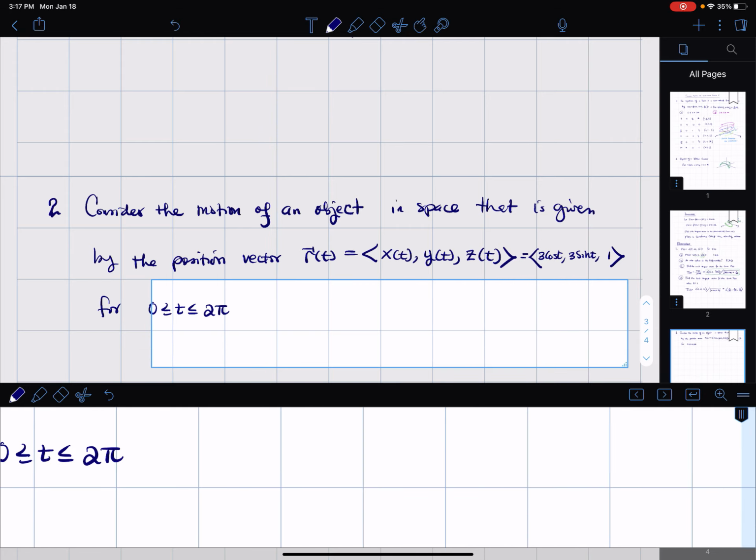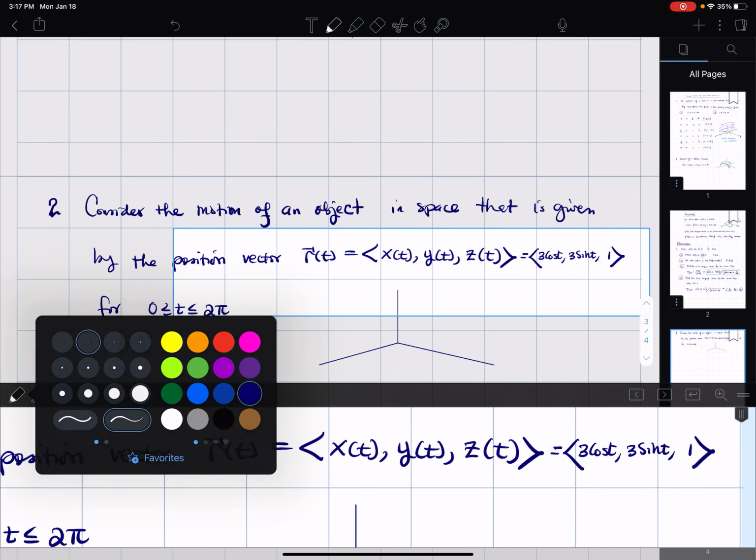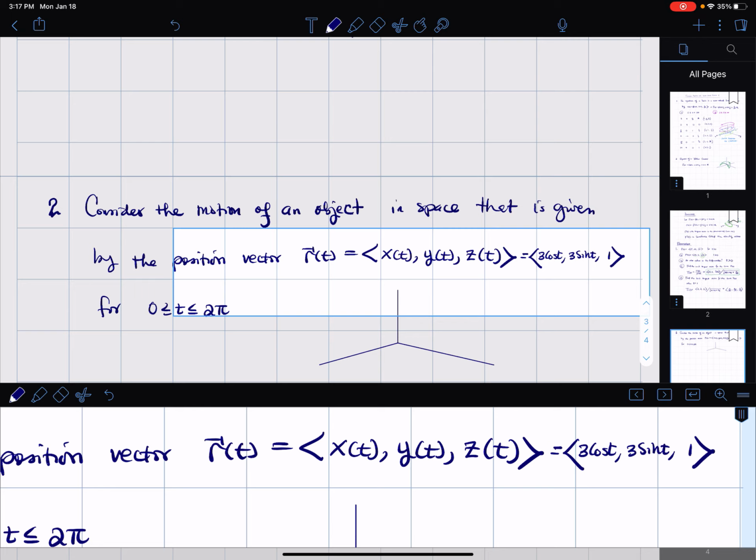So I'm going to describe this a little bit. This is our z-axis, x-axis, and y-axis. Let's assume that we don't have z, and we just have x is 3 cosine t and y is 3 sine t. That means we are looking at a circle of radius 3.